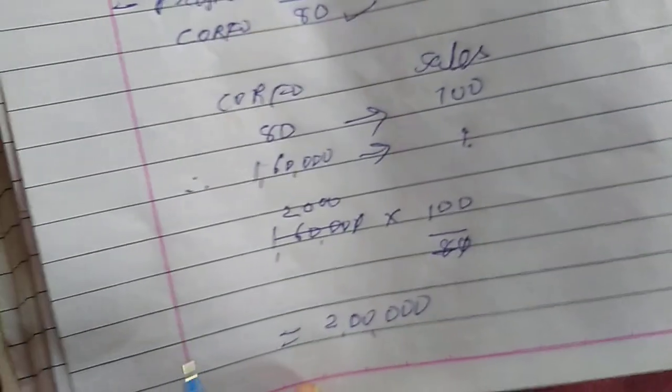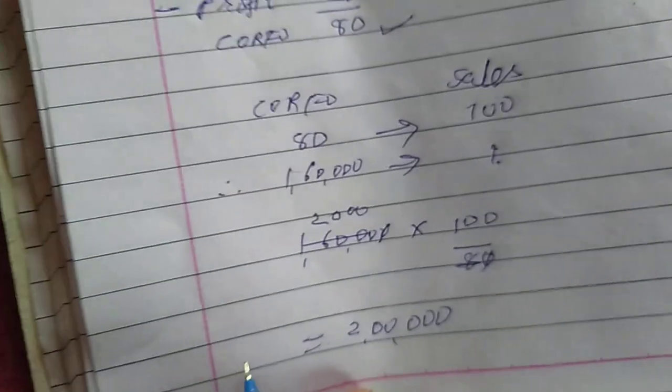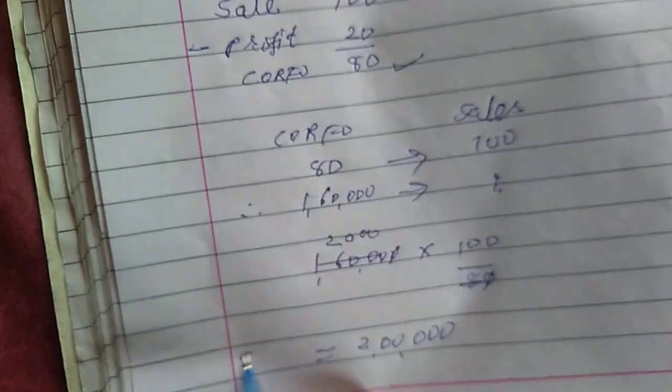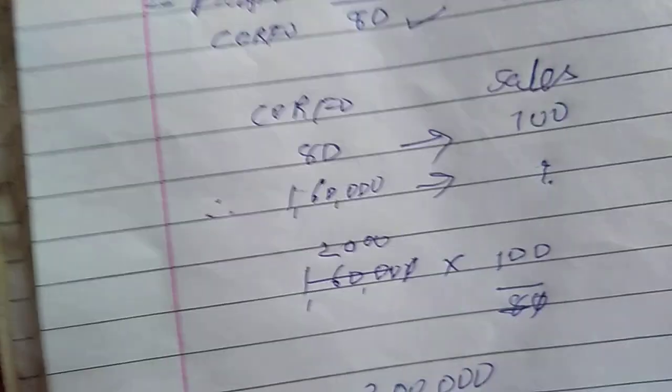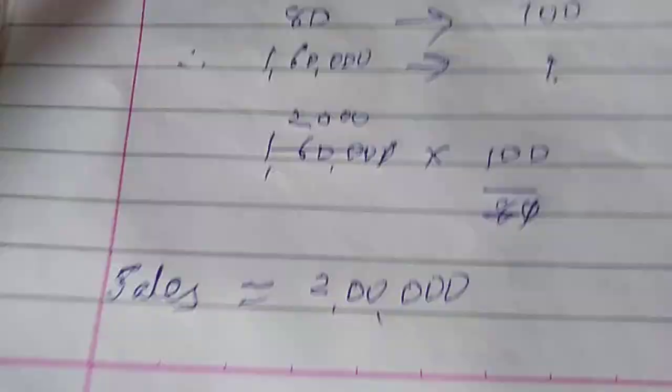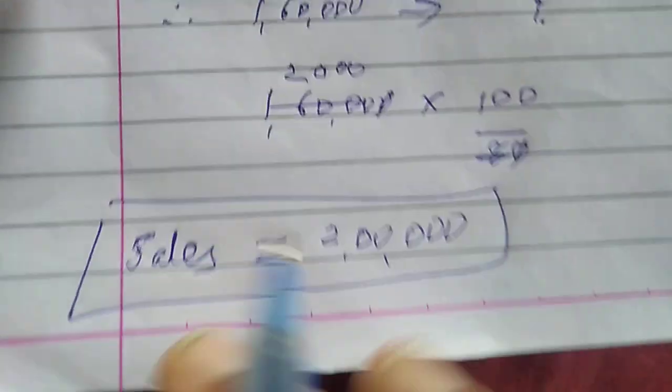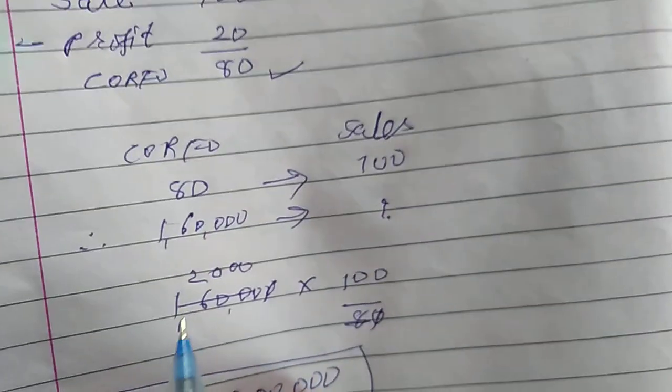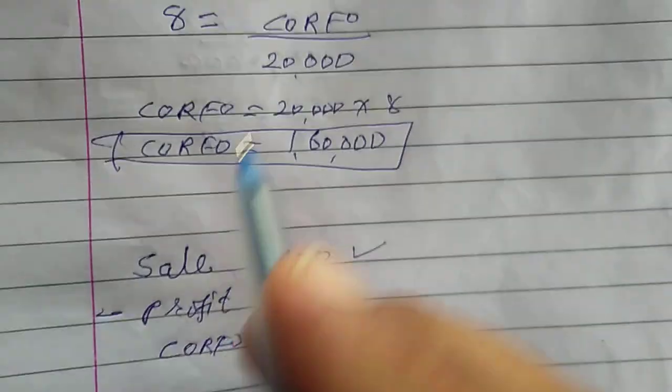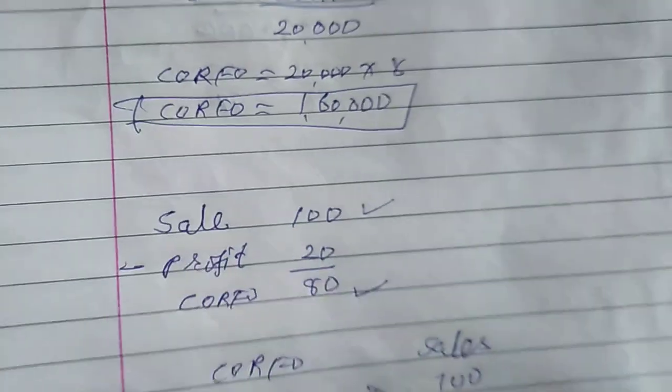So 2 lakh is sales. Here cost is 1,60,000 and sales is 2 lakh. We got both the amounts, sales and cost of revenue from operation, which is 1,60,000.